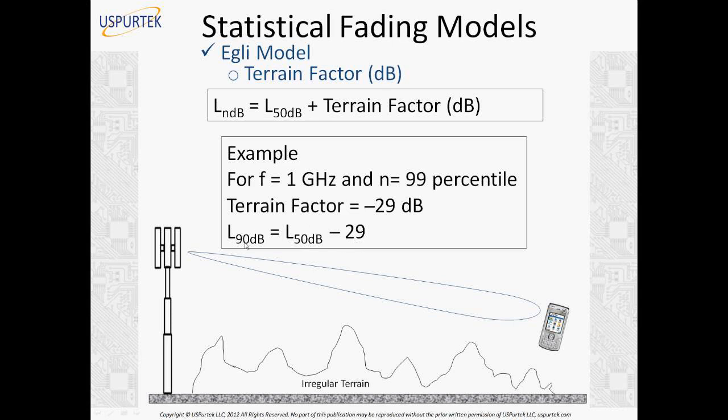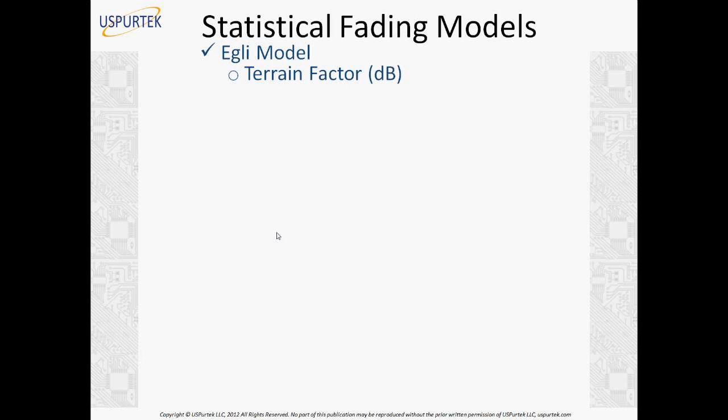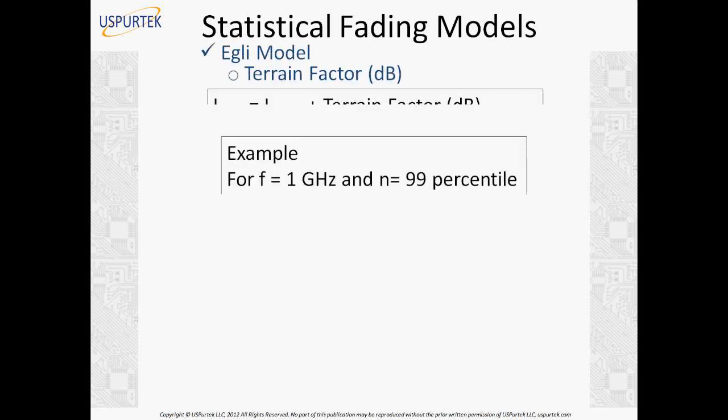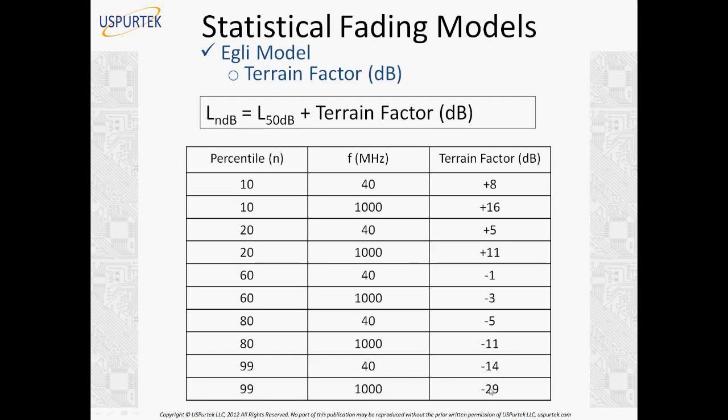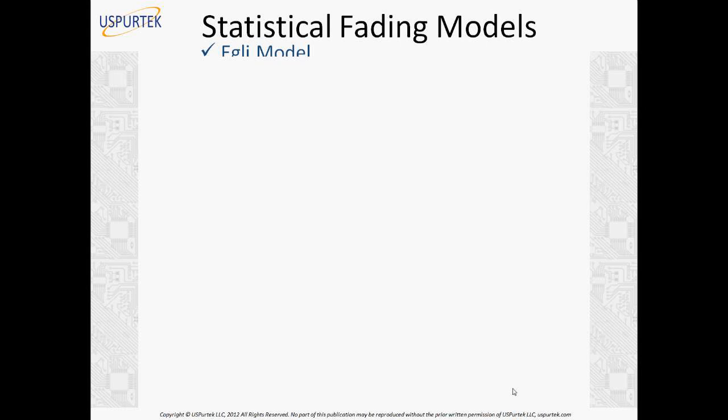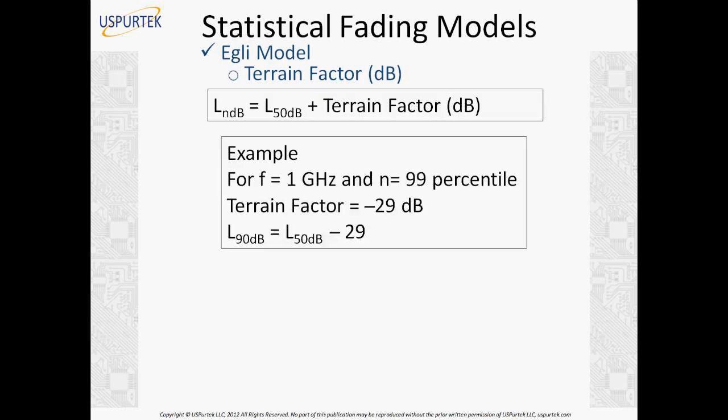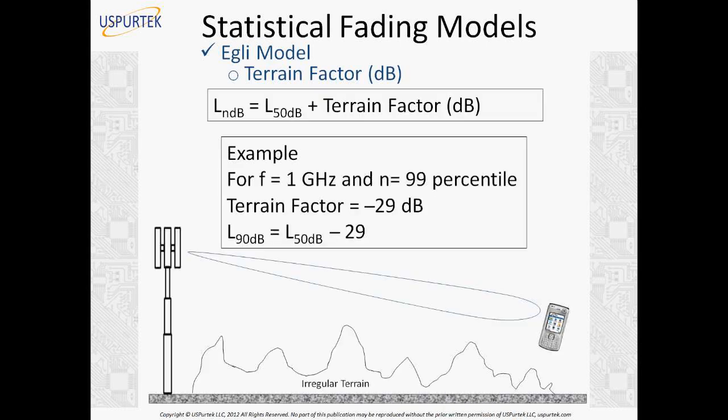Actually, it should not be L90 dB, it should be L99 dB. So here in this table you see for the 99th percentile for 1 gigahertz the terrain factor is minus 29 dB. So we make a correction. If we want to calculate our 99th percentile, we subtract 29 from the L50 dB.